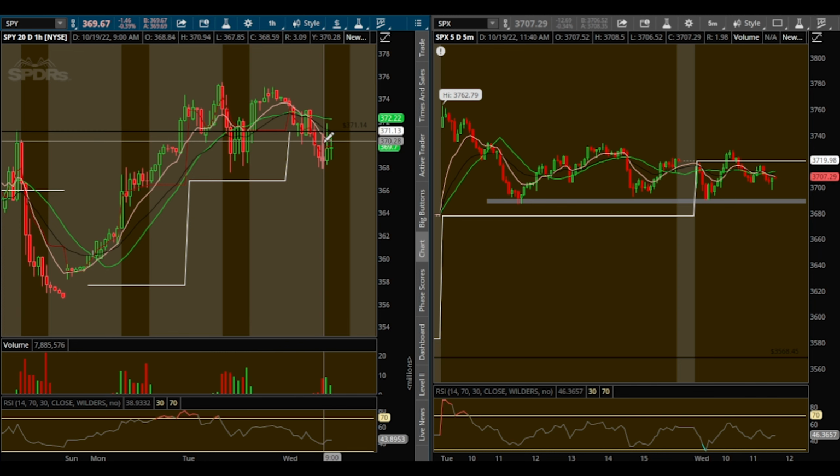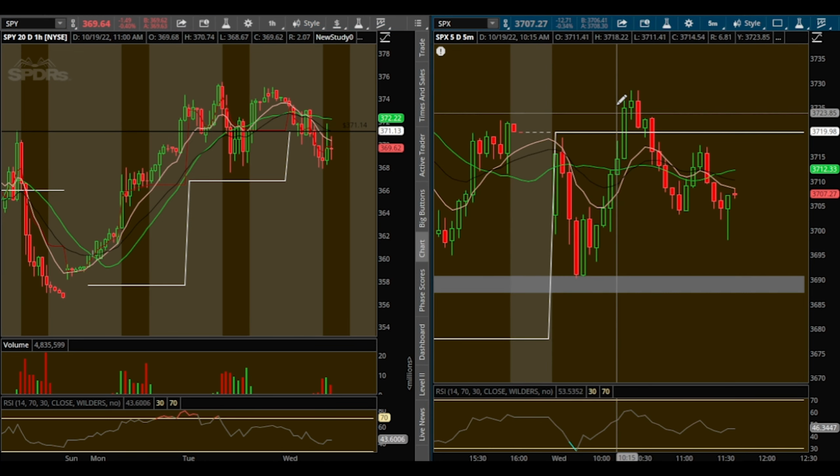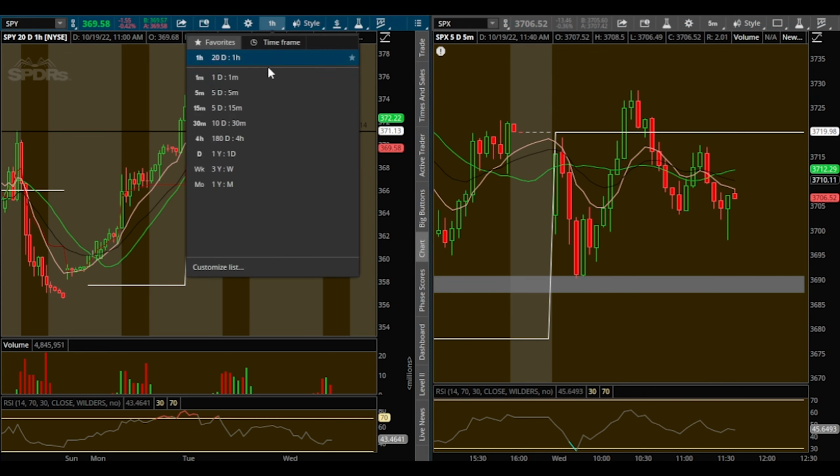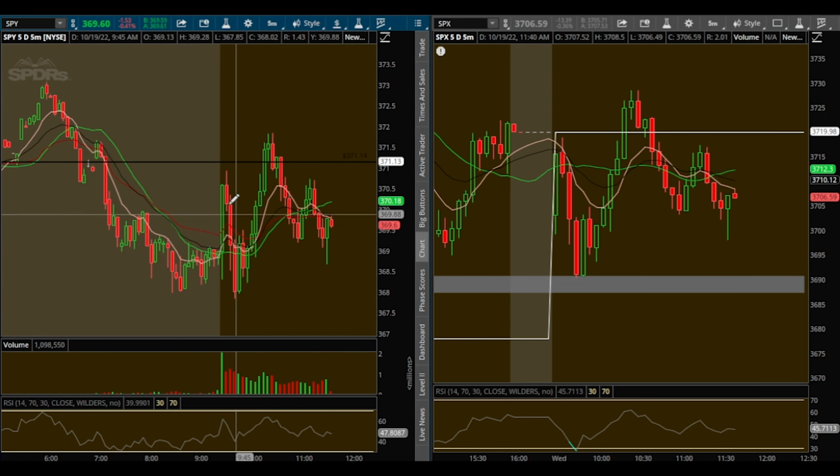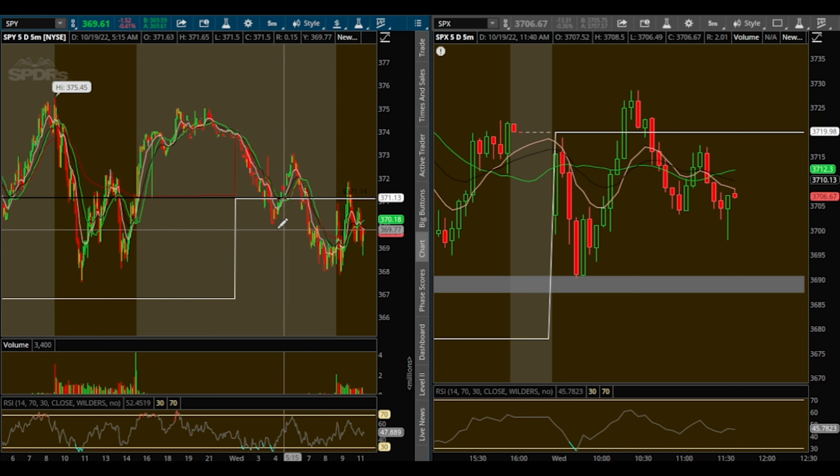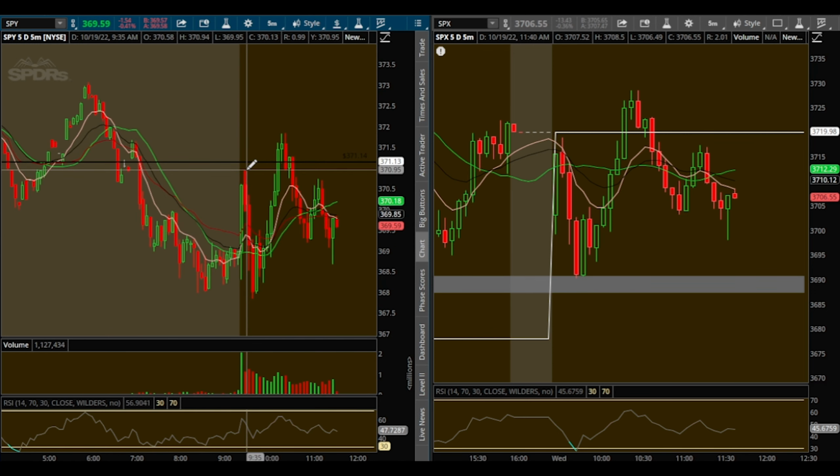Now let's go to the 5 minute here on SPY. This is where we got in this trade. Now keep in mind, these are not exact numbers. When we say reject, when you take a reject, it's not an exact number all the time. It's an area, okay?